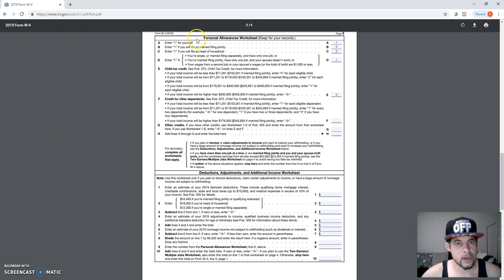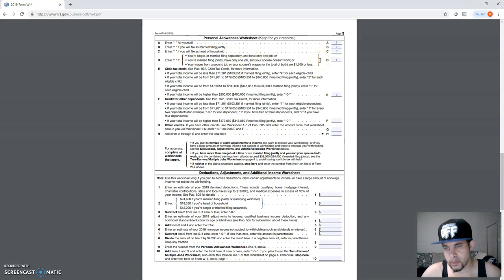A, enter 1 for yourself, which I did. B, enter 1 if you will file as married, filing jointly. I'm not married, so I just put 0 there. C, enter 1 if you will file as head of household. You can put a 1 there if you want. I just put a 0.